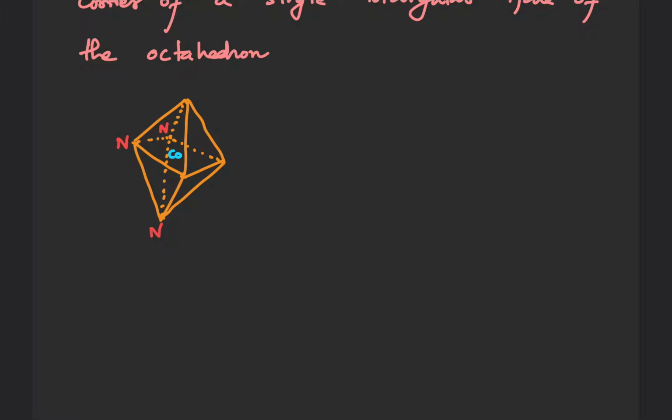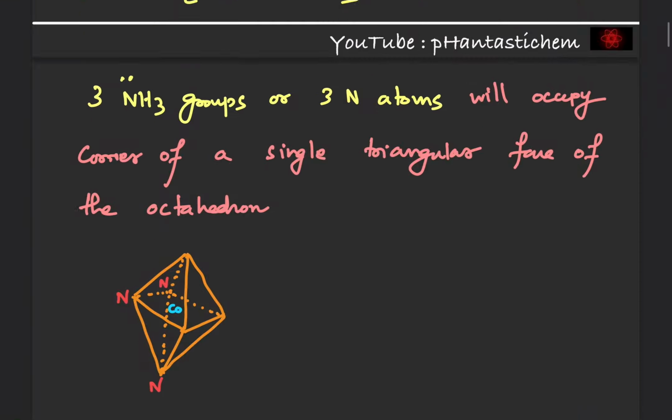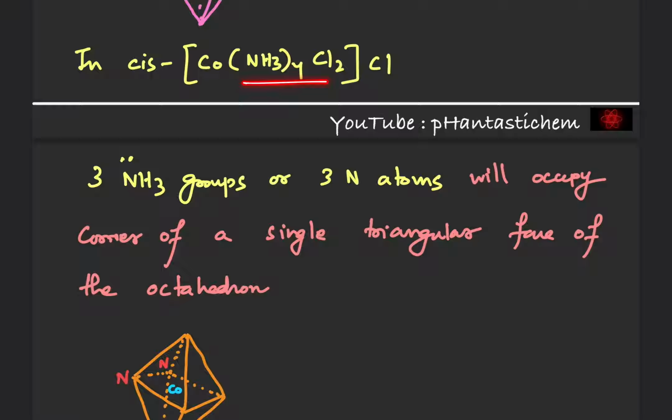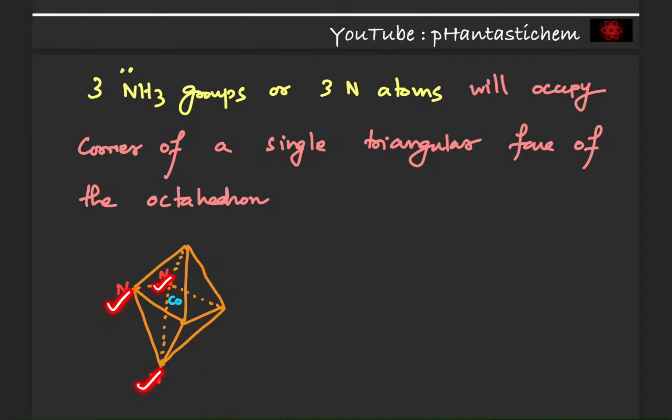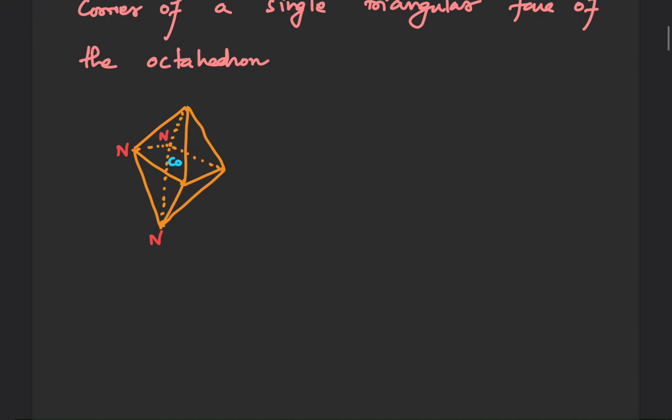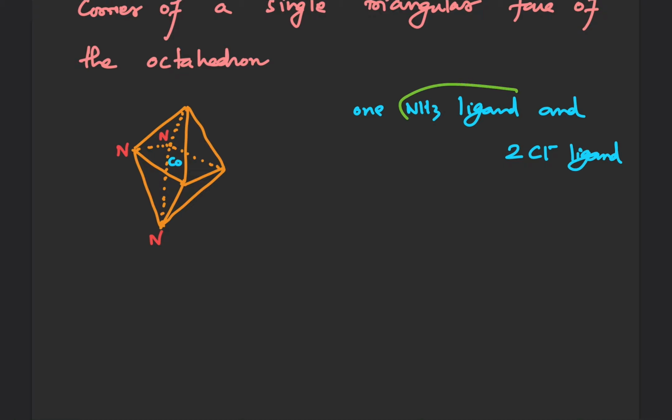So we are left with one NH3 ligand and 2 Cl minus ligands, since in total we have 6 and 3 we have distributed.